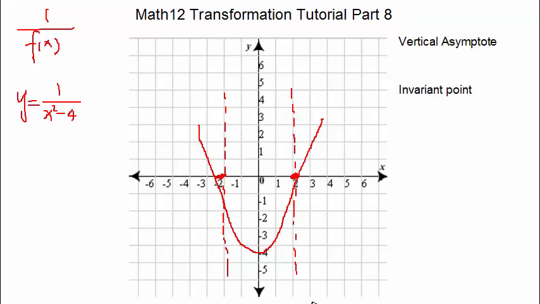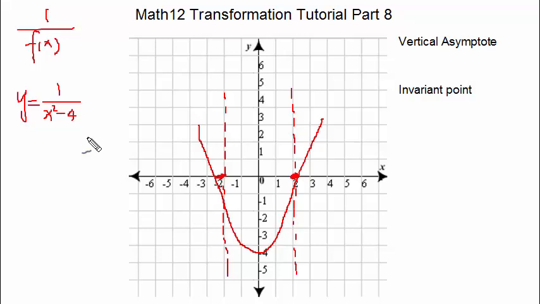And then we need to find our invariant points. What is an invariant point? An invariant point is a point that never changes before and after the transformation. Most numbers change when they become the reciprocal. 2 becomes 1 over 2. 3 becomes 1 over 3. 0.5 becomes 1 over 0.5.